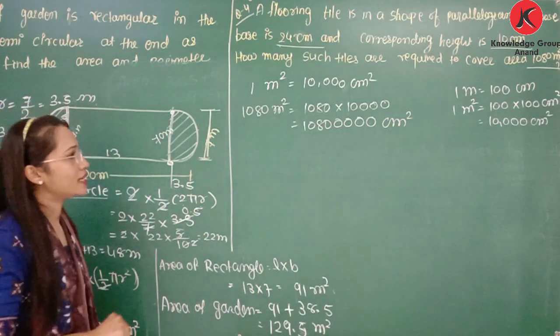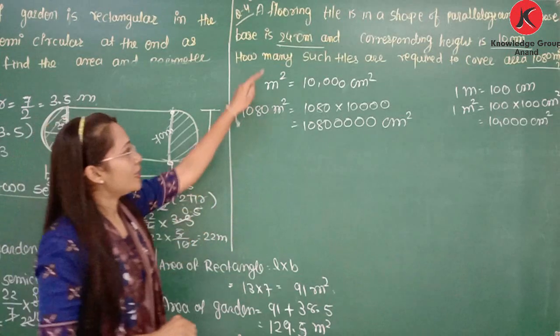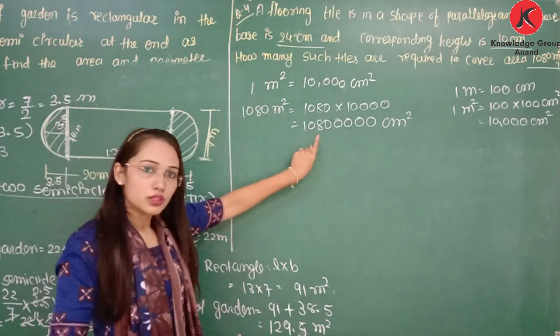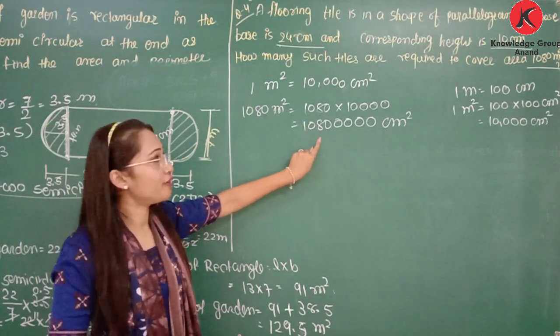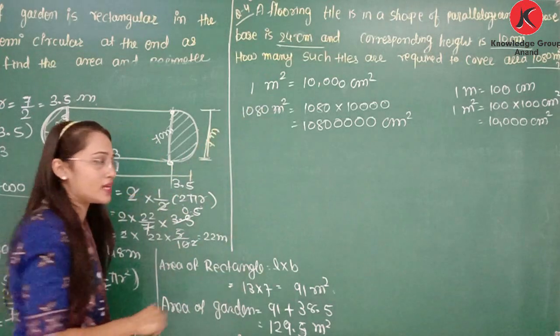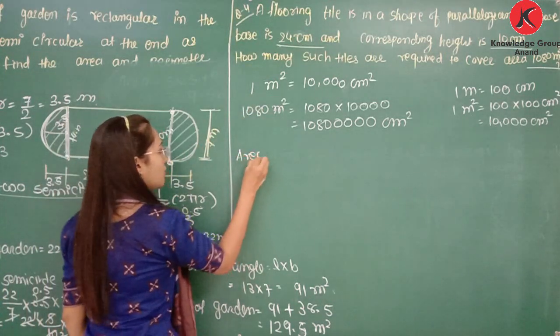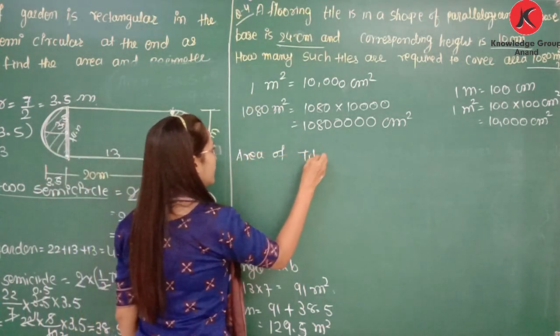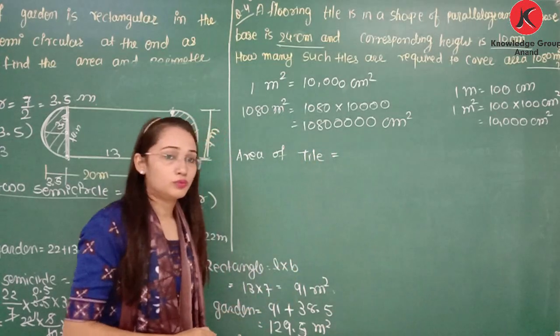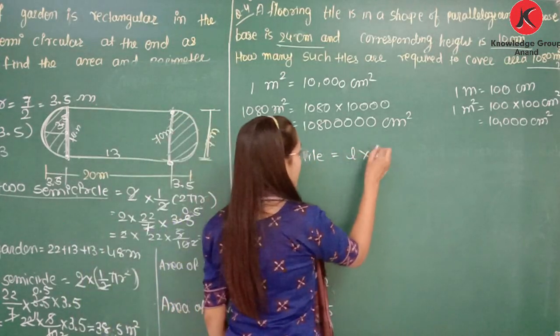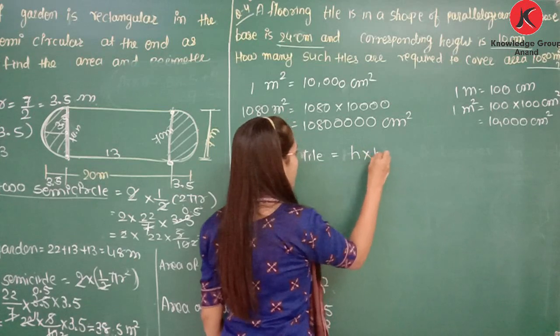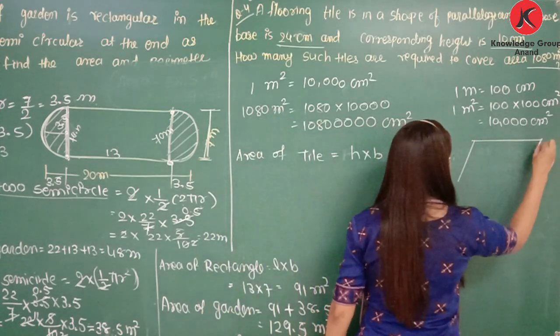Now, how many tiles can we place in this area? So here, first of all, we need to find the area occupied by the tiles. So area of tile. Now, what is the area of a tile? That is height multiplied by base, because it is a parallelogram.